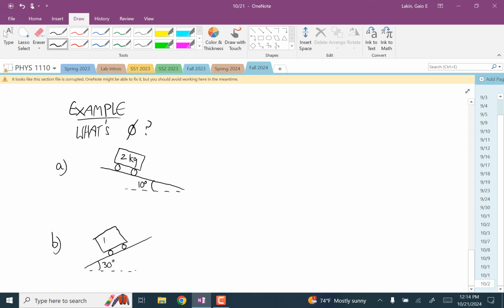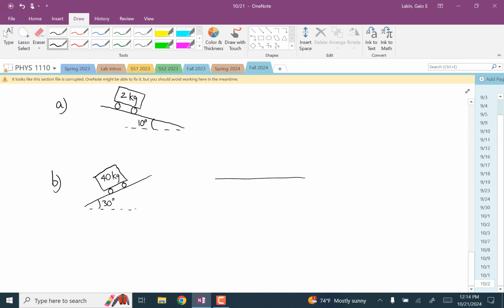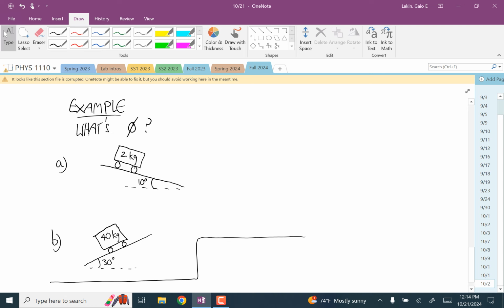This one's 40 kilograms. Well, the way this works, I'm going to always choose a coordinate system with the y-axis coming straight out of the surface. So for part A, this is my coordinate system. And for part B, this is my coordinate system.